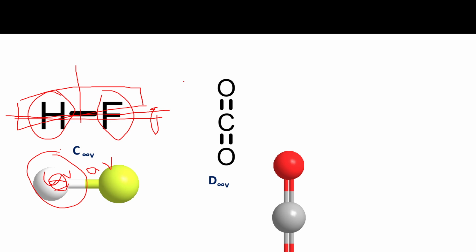For the next one, the D term only comes when there is a sigma h present in that molecule. Like here, if you rotate this molecule, the infinite rotation from this will act as the same molecule.